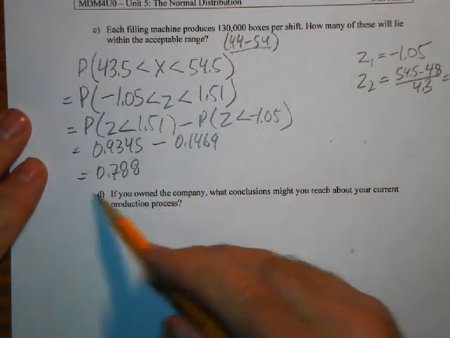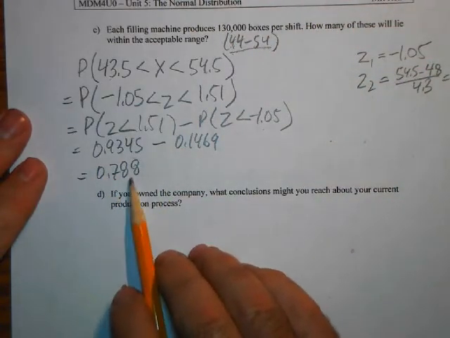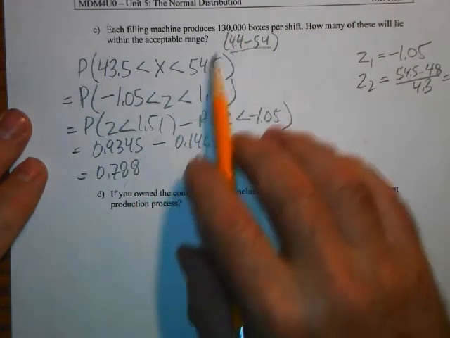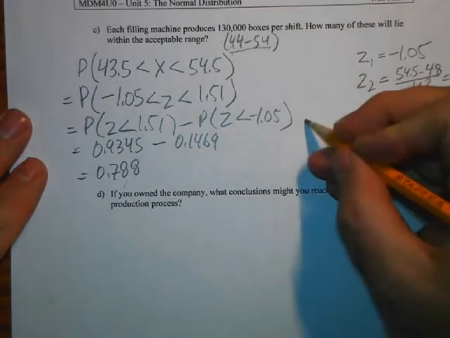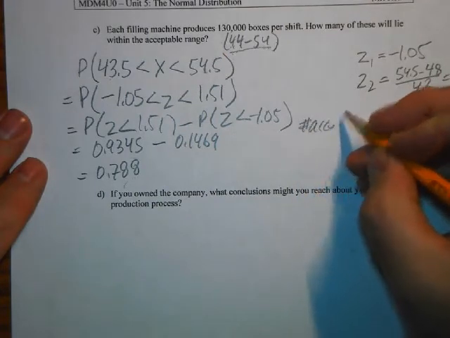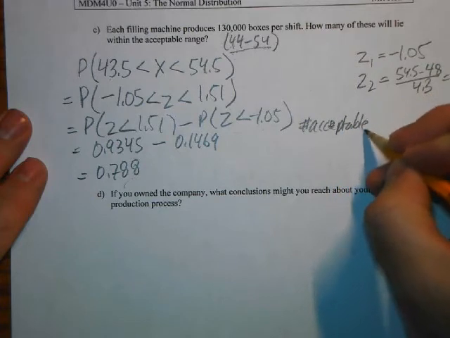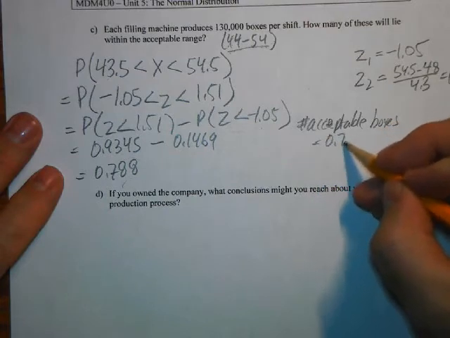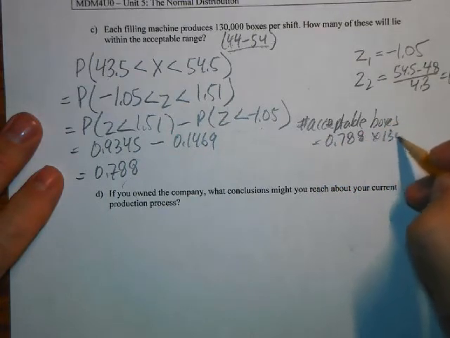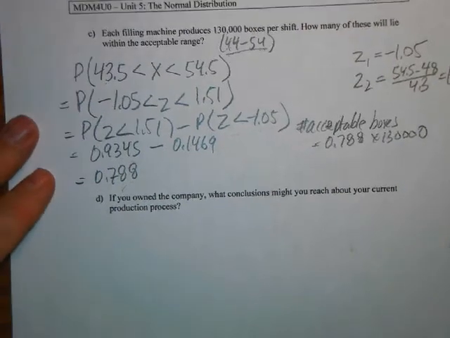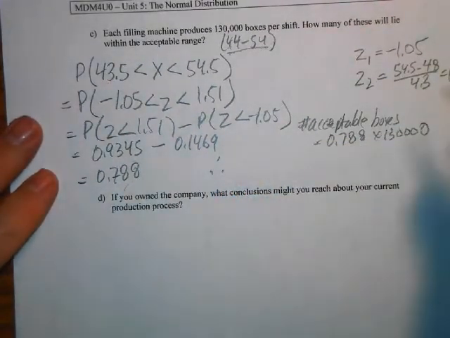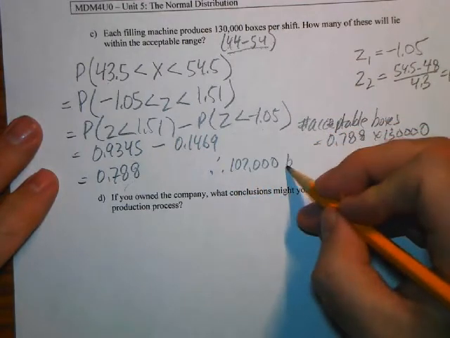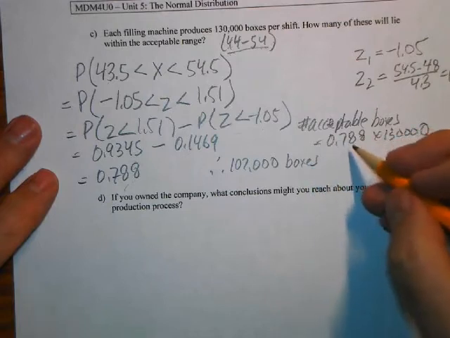Well, if one box has a probability of 78.8% being accepted, then we just multiply these two together to get the number of acceptable boxes. So 0.788 times 130,000. And if we do the math, it's 102,000. So 102,000 boxes will be in the acceptable range.